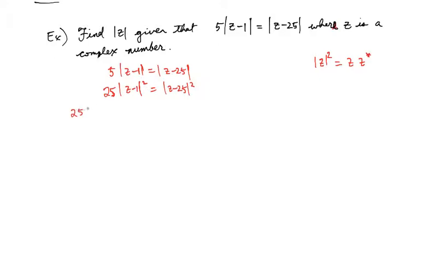This becomes 25 times the modulus of z minus 1 squared, since the inside part stays the same, and I multiply it by the conjugate of that inside part. And this part over here, since that's the modulus of this number squared, we have that number times its conjugate.